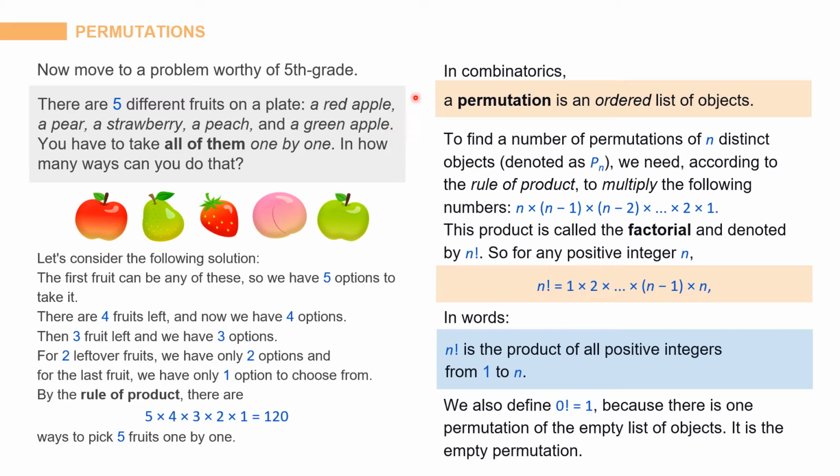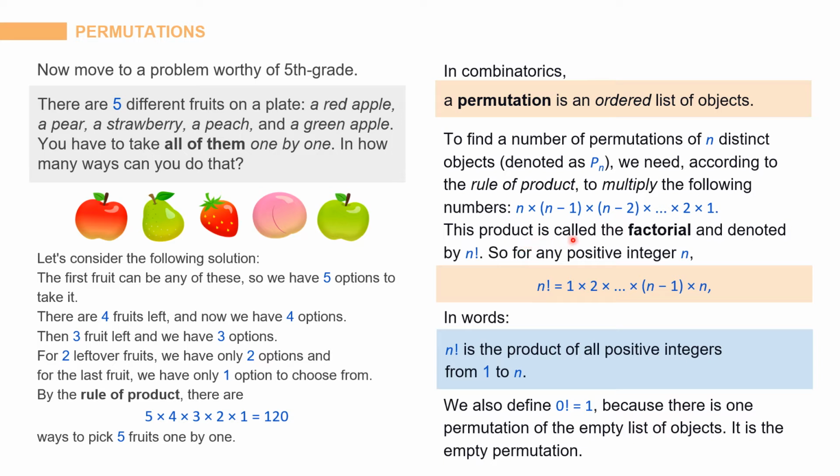5 fruits. In combinatorics, a permutation is an ordered list of objects from a set. To find the number of permutations of n distinct objects, which we call P sub n, according to the rule of the product, we need to multiply the following numbers: n times n minus 1 times n minus 2 times, and we continue multiplying until we get to the last object.